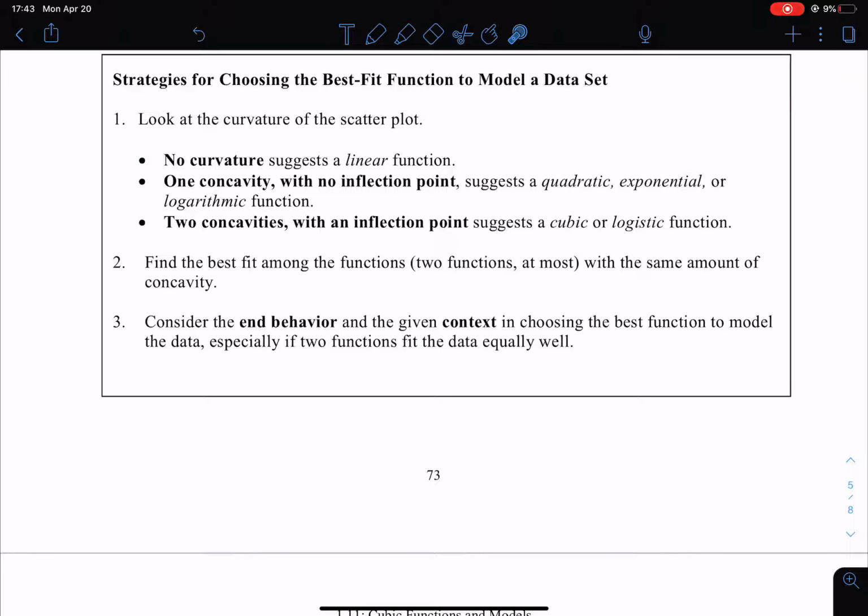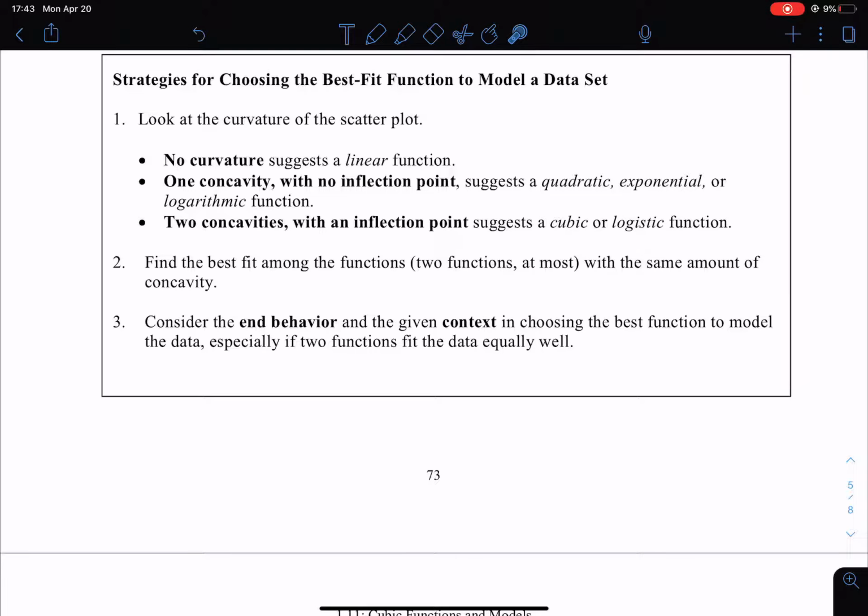All three of them are possible. And if the function has two concavities, there must be an inflection point. Then that means a cubic function or a logistic function. Both of them are possible. Then we have to make sure we pick only one.